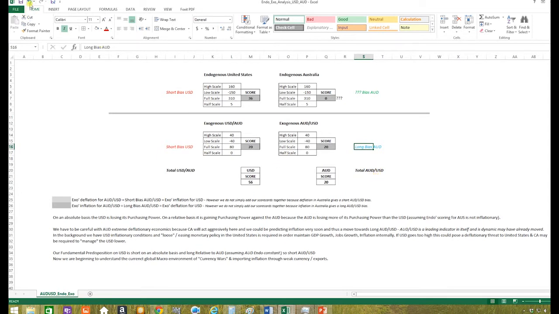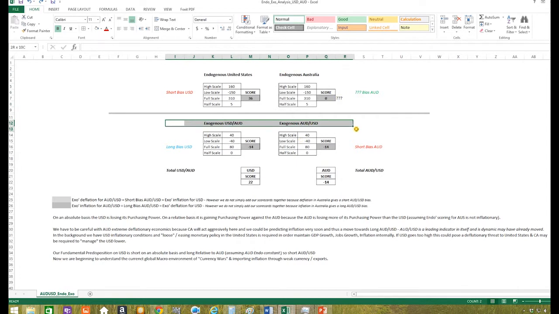So if we change this back, we can see the current situation where we've scorecarded endogenously in the United States. Theoretically, we've scorecarded endogenously in Australia, and we're keeping that number constant.